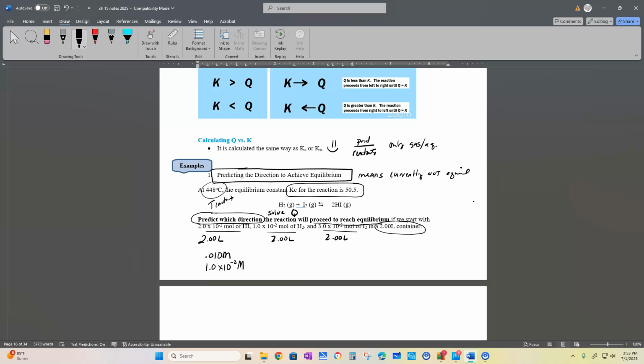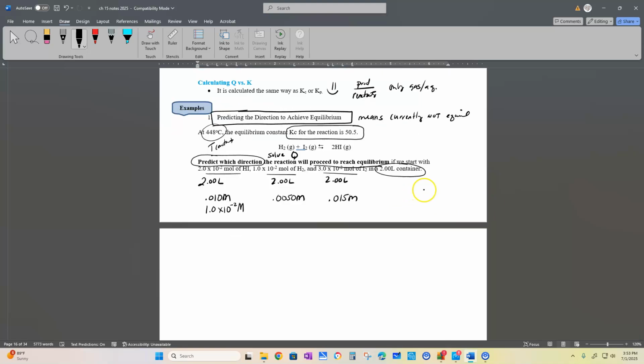Either one is fine. We're going to take this 1.0 E negative 2 and divide it by 2, and I'm going to keep it not in scientific notation. If I don't have to, then I don't use it. And then that 3 divided by 2, probably going to get about 1.5. So I'm going to get 0.015 molarity. Okay, so I have my molarities.